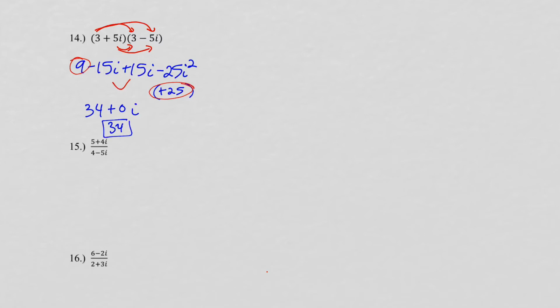Now I want to point out some observations here. First of all, I don't know if you noticed these two binomials. They basically have the same terms, 3 and 5i, but opposite middle signs.